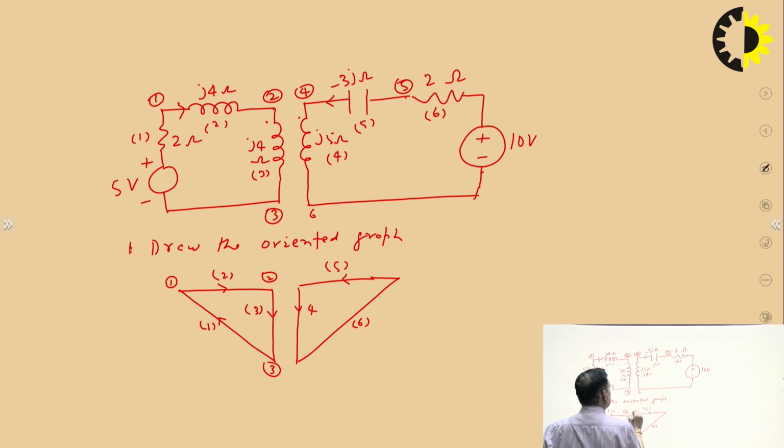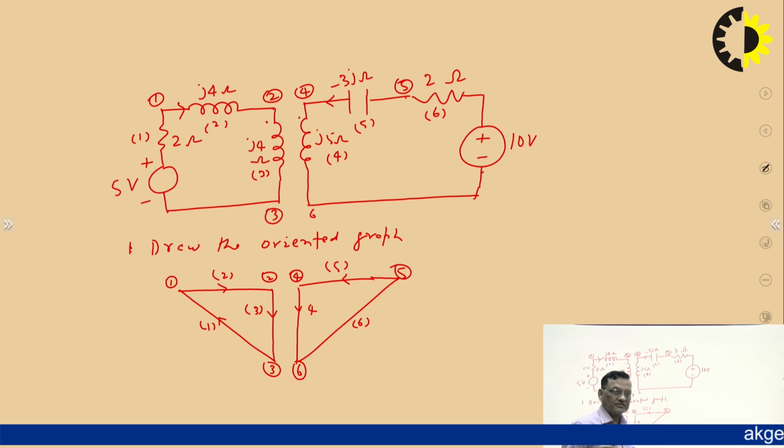This is node 4, 5, and 6. So to differentiate between the nodes and branches, we encircle the nodes and we write the branches inside a bracket. So these are the branches, and there are 6 branches and 6 nodes.